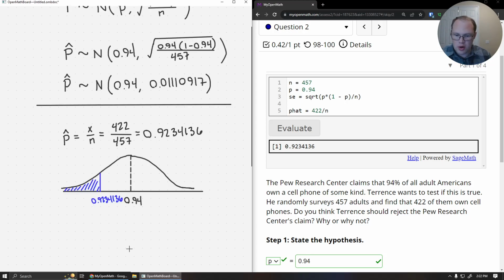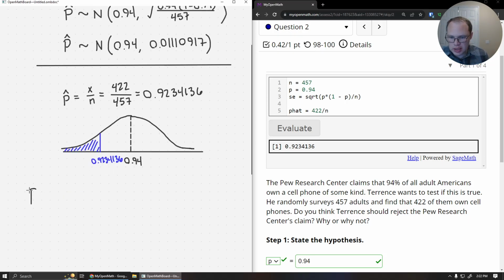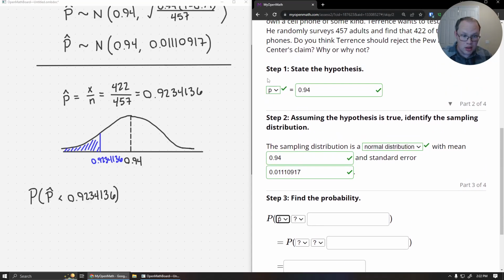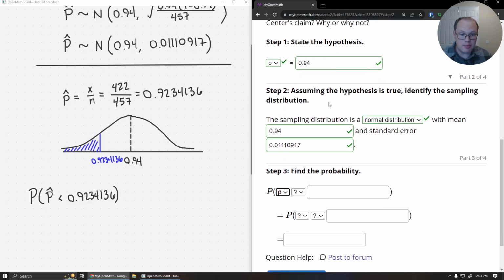We want the probability that p hat is less than 0.9234136. That's the sample proportion that we actually got. That's how we start this probability expression. We're interested in p hat, the point estimate that estimates the population parameter we are hypothesizing about in step 1.